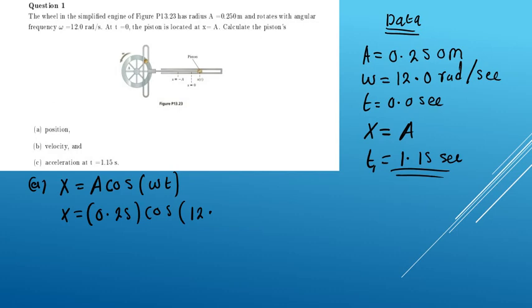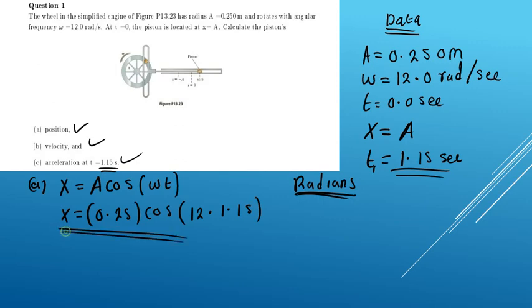They are asking us to find this and that at this time, so we're replacing t with that time everywhere. So just make sure that your calculator is in radians. If you do this, of course, you'll be able to find the answer for this question.